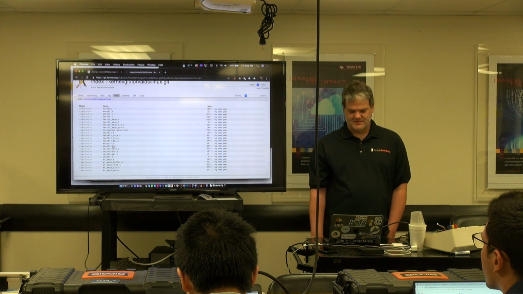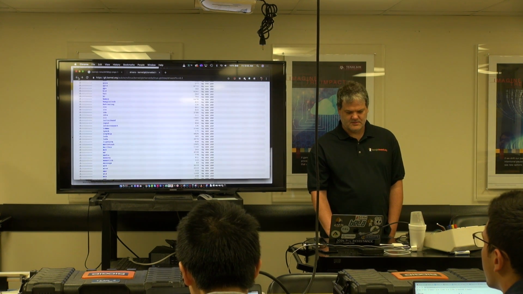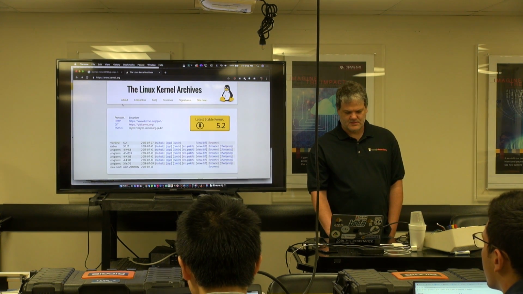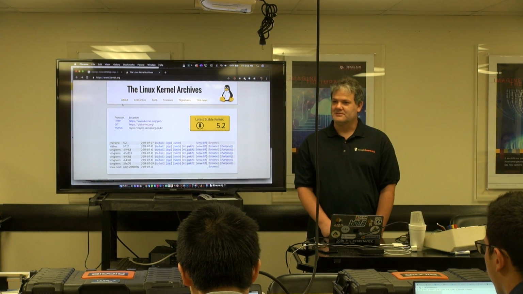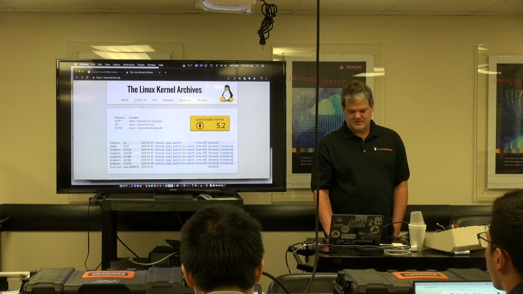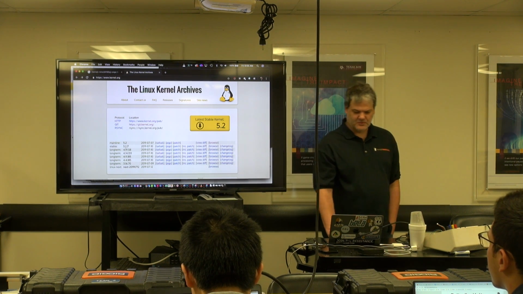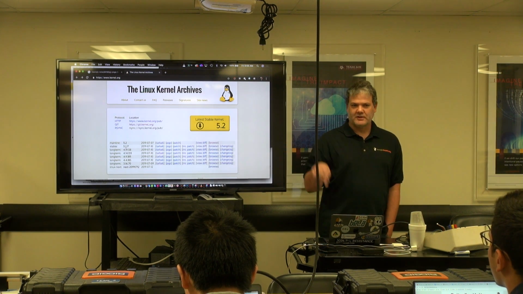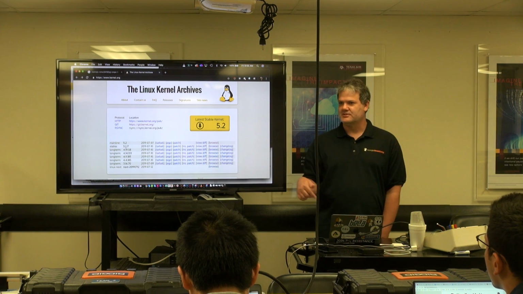How did you get from just kernel.org to right here? This is kernel.org, very focused on the software. There's browse the source, mainline. I could look at one of the LTSs. Right now we're running the latest LTS, which is the long-term support branch.